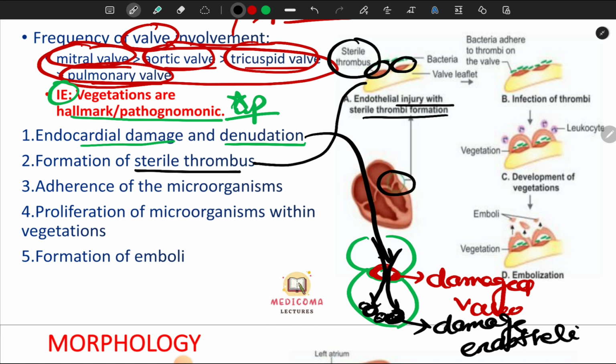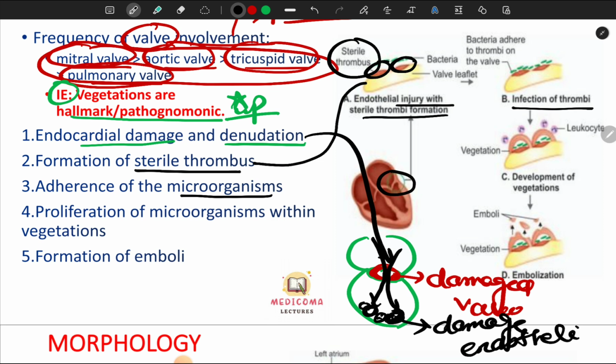After the sterile vegetation formation, there is adherence of the microorganisms. The microorganisms present in our blood gain access to the circulation and adhere to the sterile vegetation, so the sterile thrombi become infected.